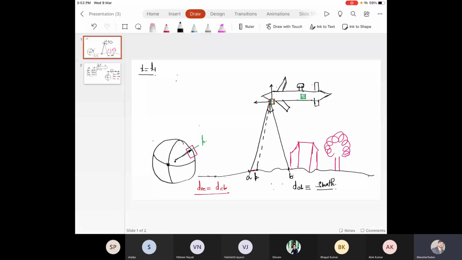You can do it in red color. So this is X, Y, and Z, the instrument reference system, IRS.